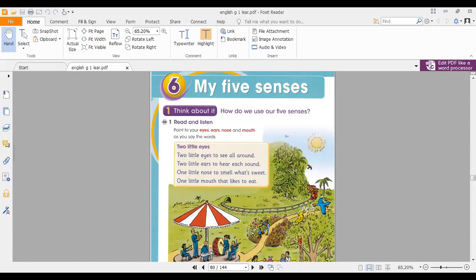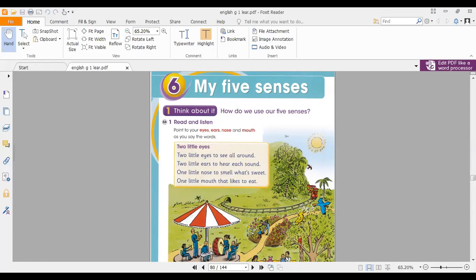What does the nose do? It likes to smell. What do our eyes do? They like to see things. What do our ears do? They like to hear the sound. And our nose, we use it to smell.